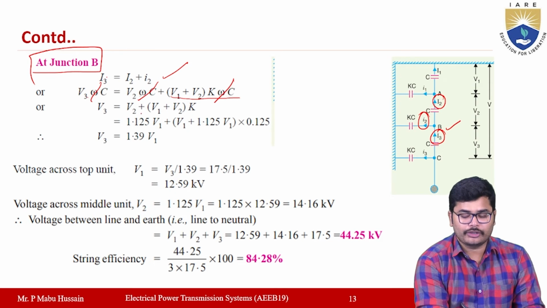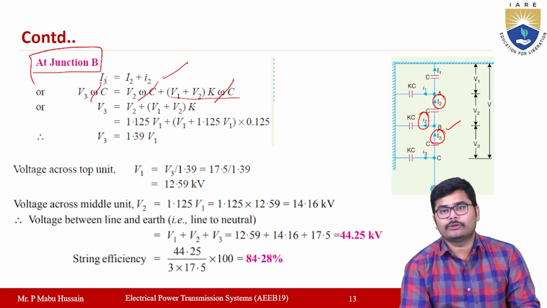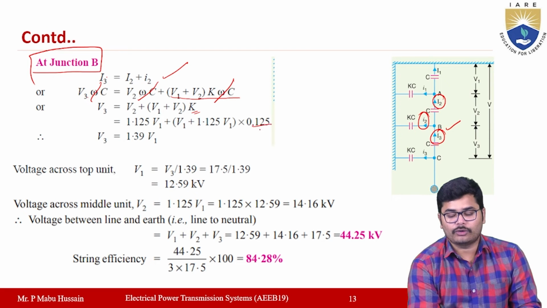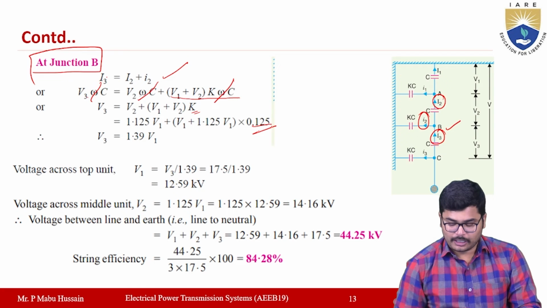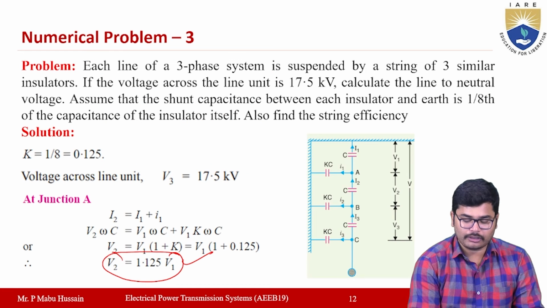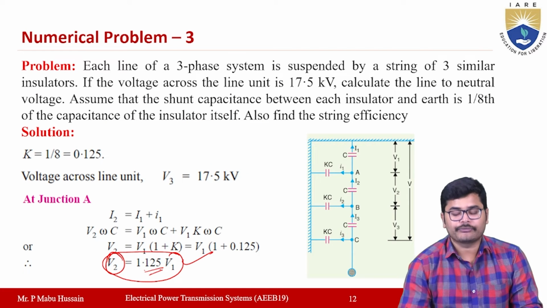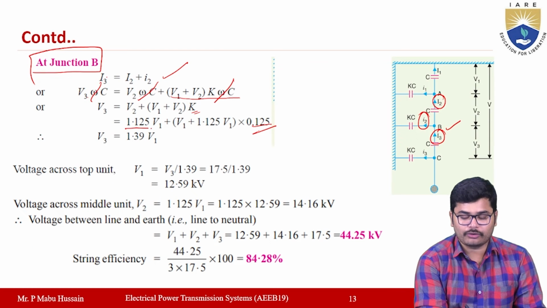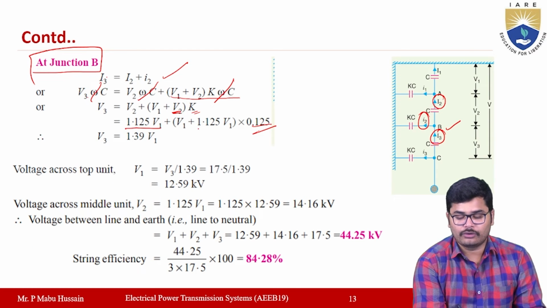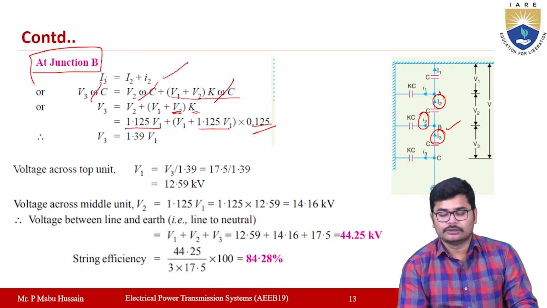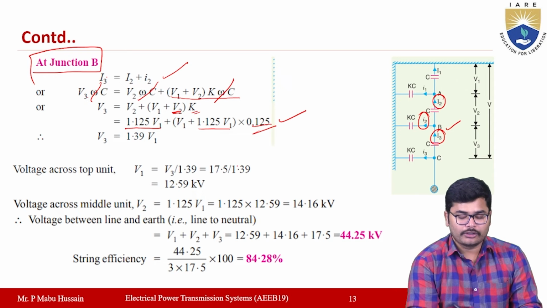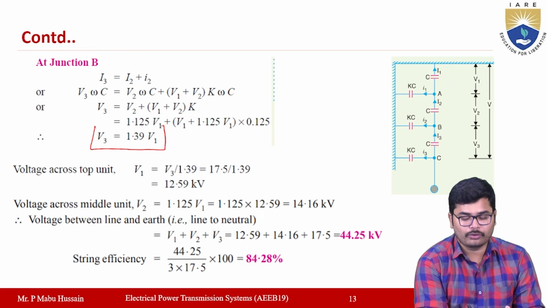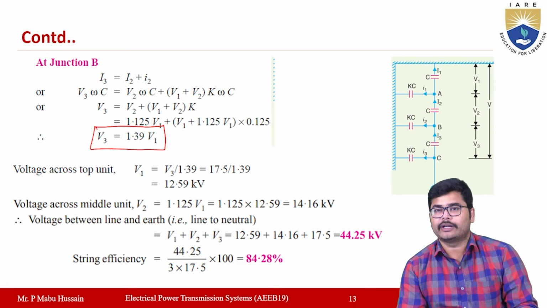So V3 is equal to V2 plus (V1 plus V2) into K. Substituting K as 0.125 and V2 as 1.125 V1, if you solve this equation you will get V3 in terms of V1: V3 is equal to 1.39 V1.